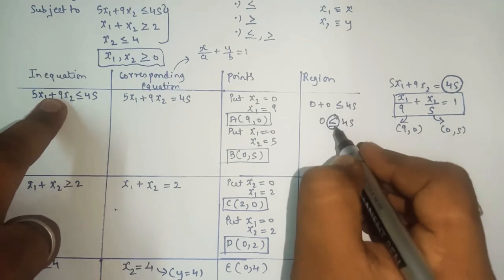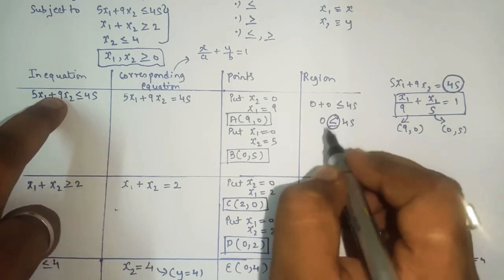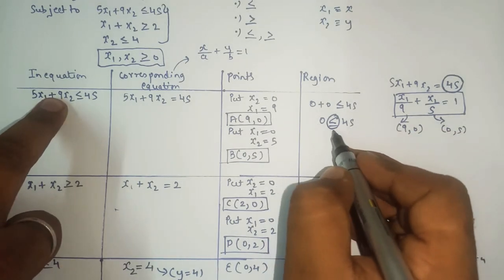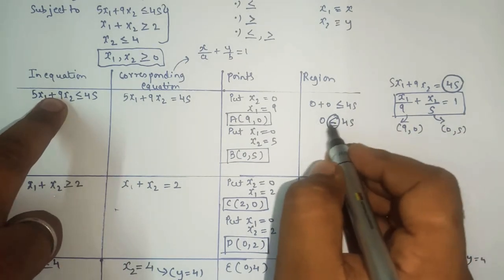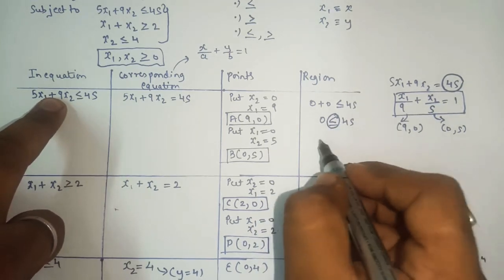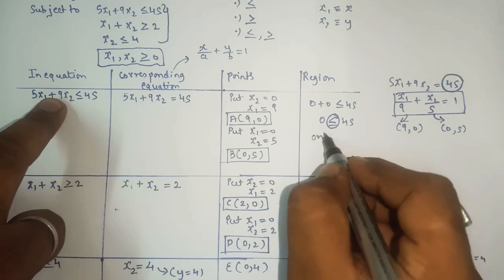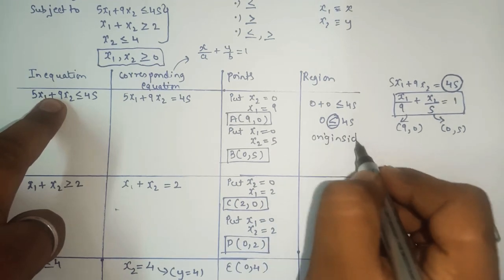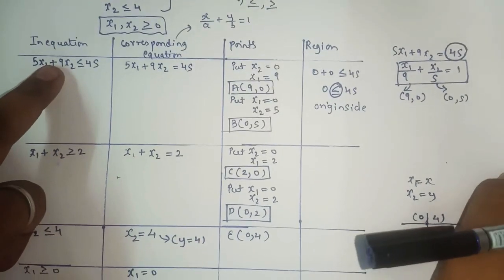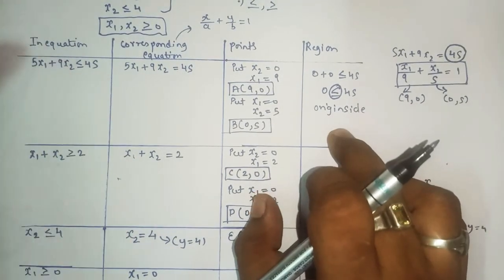Out of these two conditions, one condition should be satisfied. It means 0 should be equal to 45 or it should be less. So here clearly we can see that 0 is less than 45. So here we can write origin side. Remember, out of these two conditions, any one condition should be satisfied to write whether it is origin side or non-origin side.